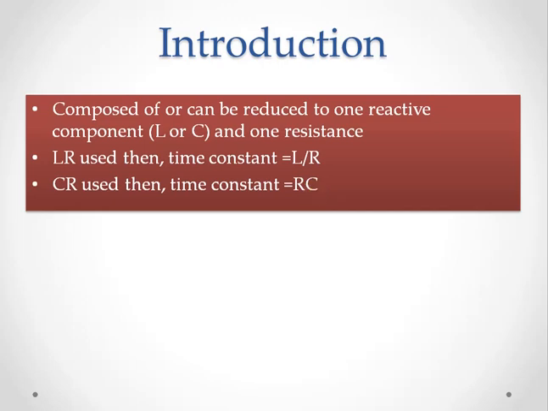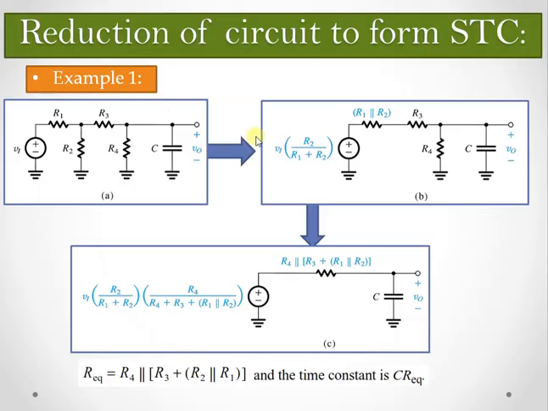And these STC circuits play an important role in the design and the analysis of linear and digital circuits, especially in the analysis of amplifier circuits, where we can have the reduced form to be one or more STC circuits. So with an example, let me explain how the reduction of the circuit can be done to form a single time constant circuit.